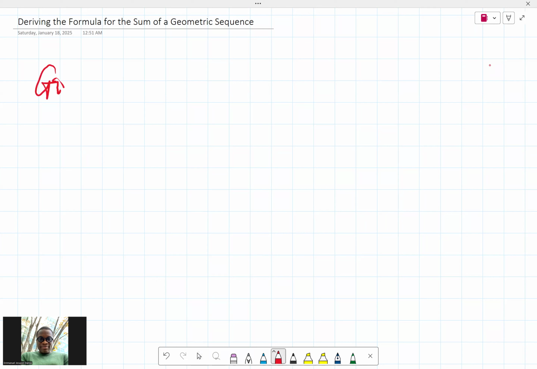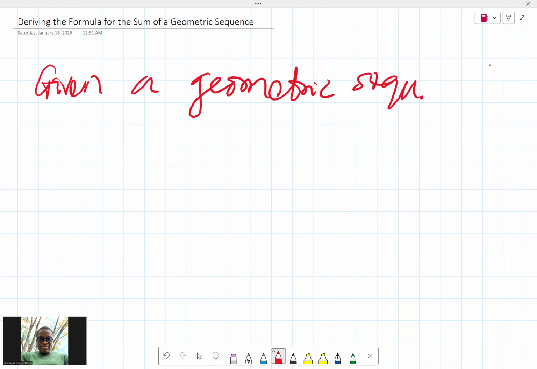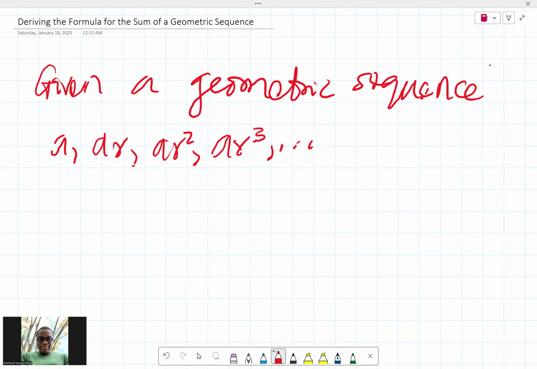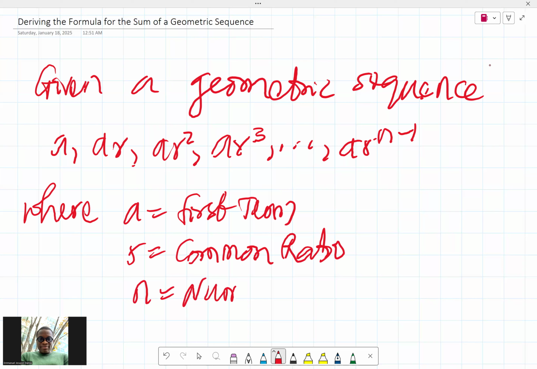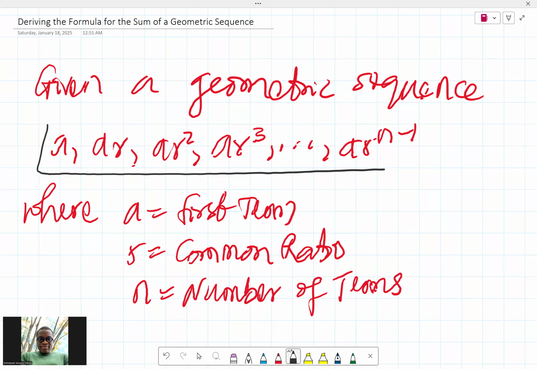So, given a geometric sequence A, AR, AR squared, AR cubed, and so on and so forth, up to AR^(n-1), where A is the first term, R is the common ratio, and n is the number of terms. Okay. Now this is the sequence itself.